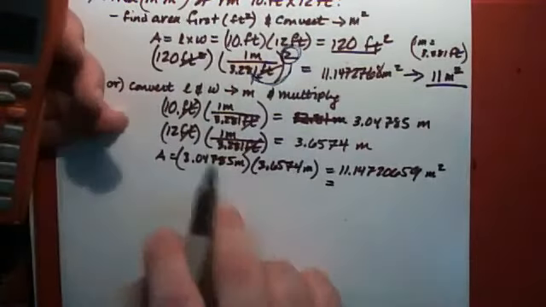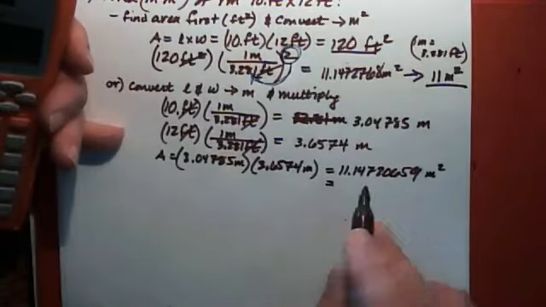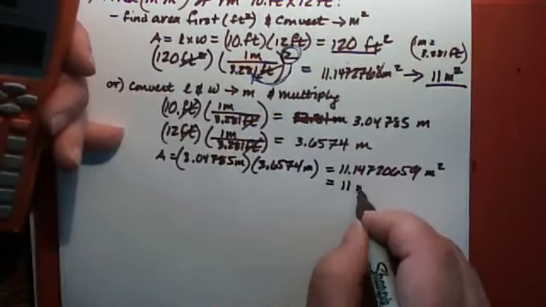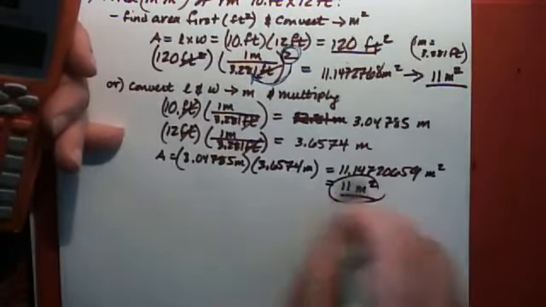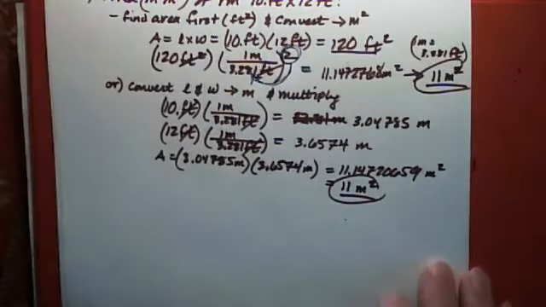And because we're only allowed 2 significant figures, that means this rounds off to 11. Just like it did before.